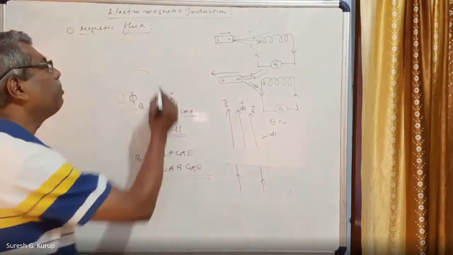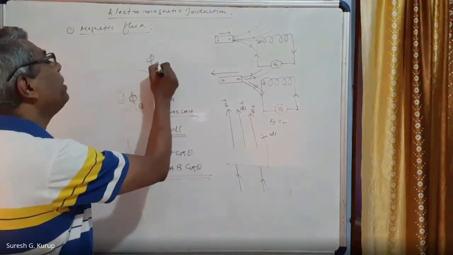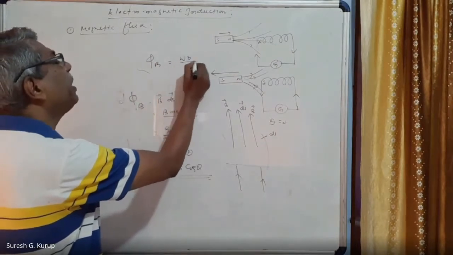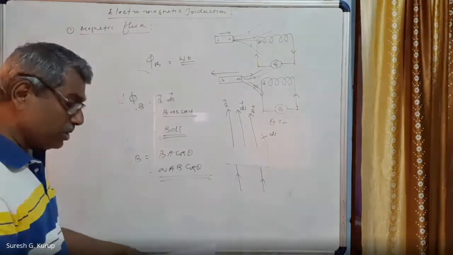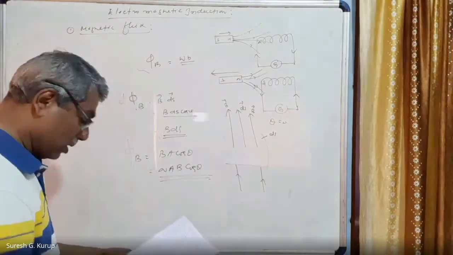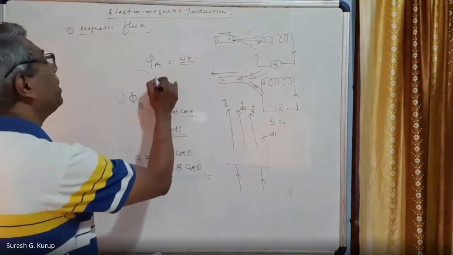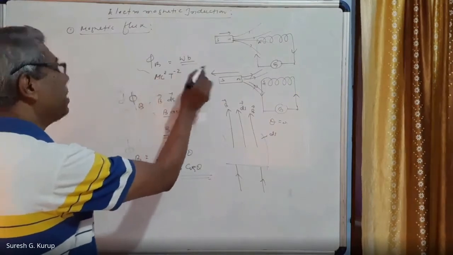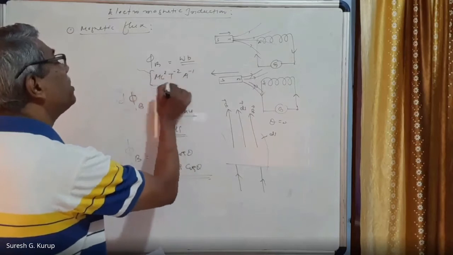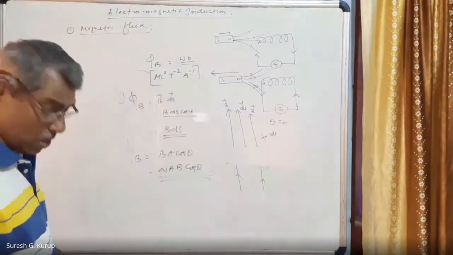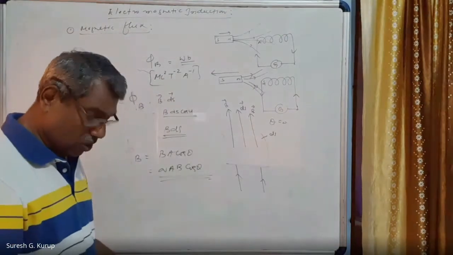The symbol of Weber is Wb. Its dimensions are M L squared T raised to minus 2 A raised to minus 1. These are the dimensions of this physical quantity.